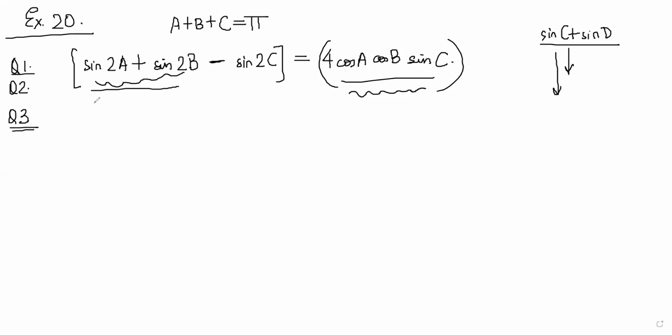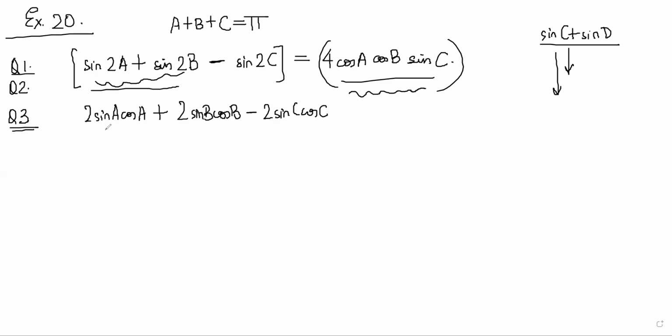I did it by that same method because you told me to. Which method? The sine a plus sine b plus sine c. How? Tell me. So sine 2a becomes 2 sine a cos a. Sine 2b becomes 2 sine b cos b, minus sine 2c becomes minus 2 sine c cos c. Then it becomes sine 2a plus sine 2b minus sine 2c.